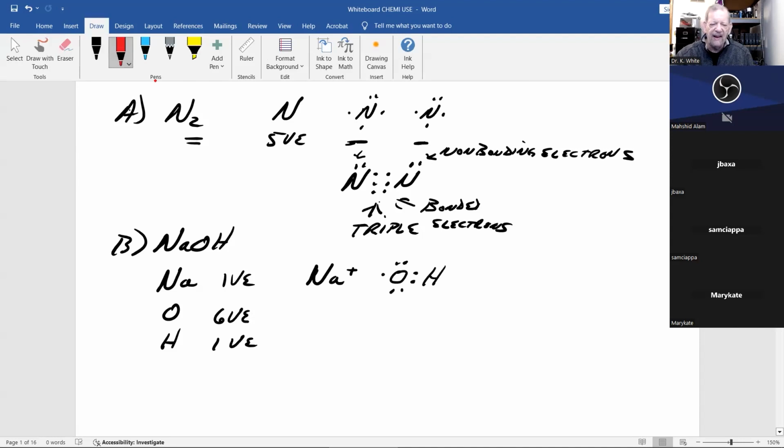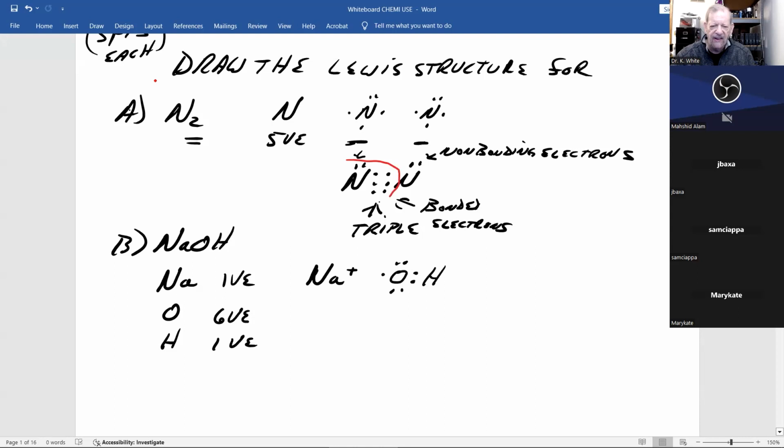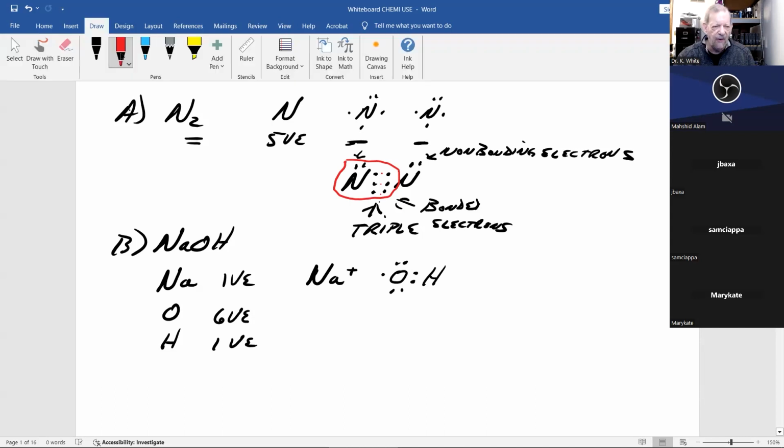Atoms share and have valence electrons, so it has a total of 8 valence electrons. If you look at this nitrogen, it has 2 + 2 + 2 + 2, and that's 8 valence electrons. And the same thing with the other one.